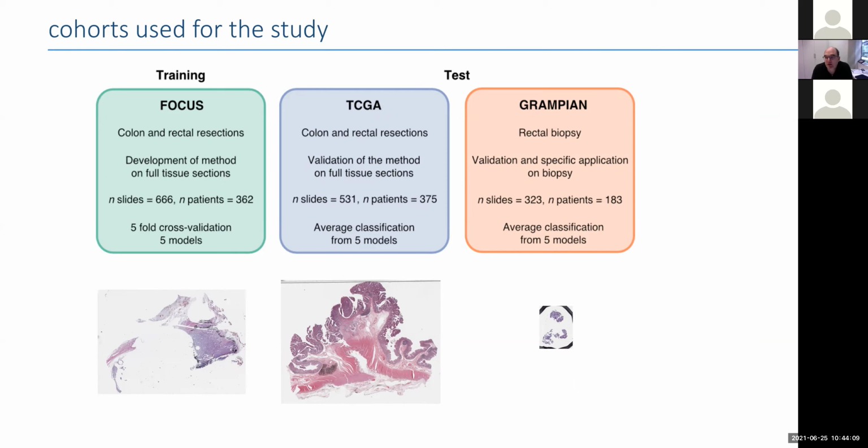And this is quite significant because these are biopsies where there's a lot less tissue available. And we have 183 patients. So you see here, these are 2 millimeter biopsies, whereas the others are resection specimens.